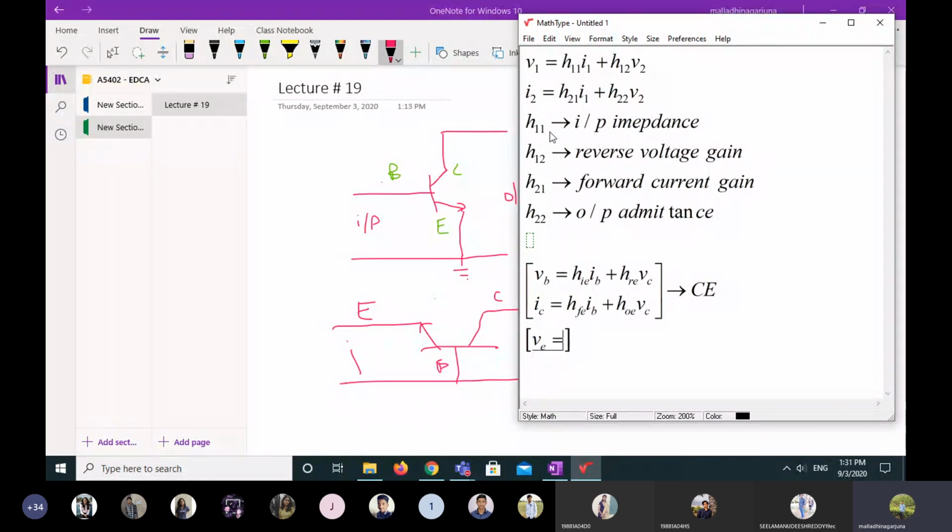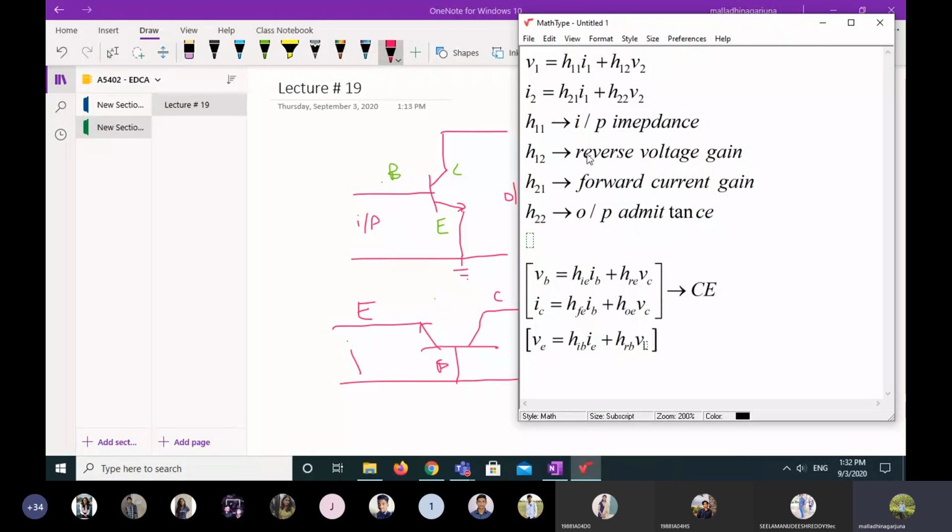What is the first suffix? H11 is input impedance, so HI. The second suffix indicates the type of the configuration. For what are you writing the equation? Common base, so HIB, into I1. I1 input is emitter, IE, plus H12. H12 is reverse voltage, HR, and for common base, HRB.